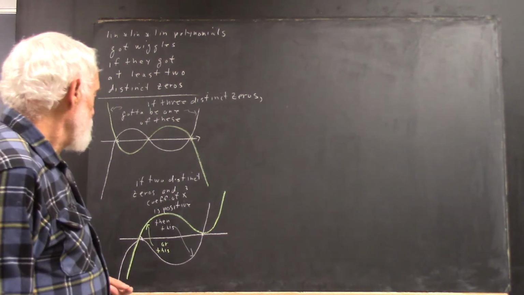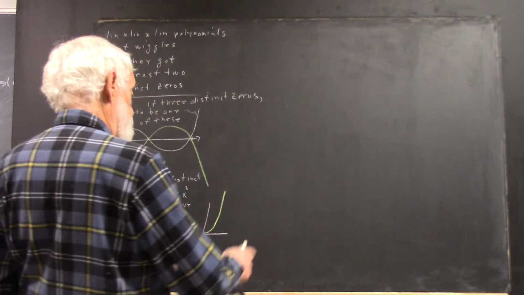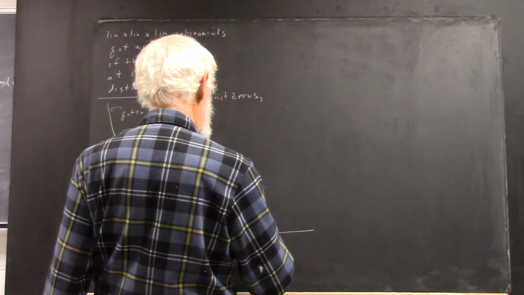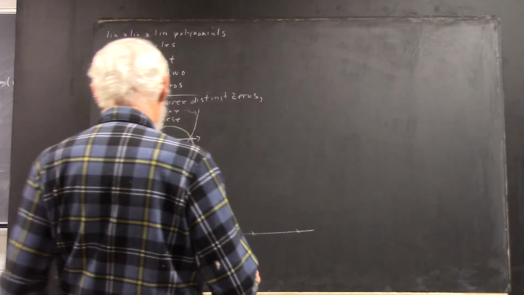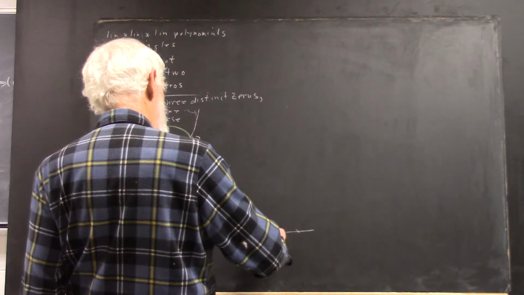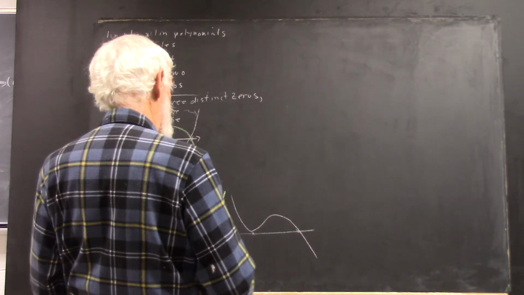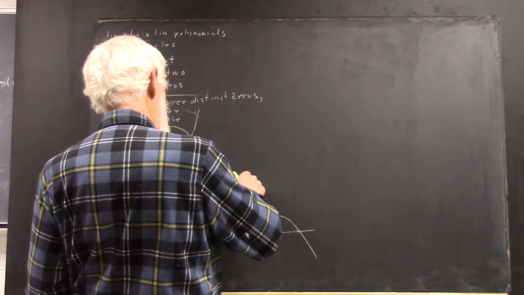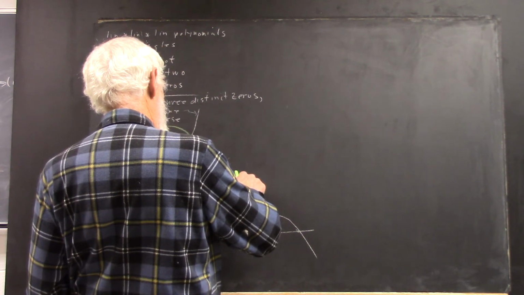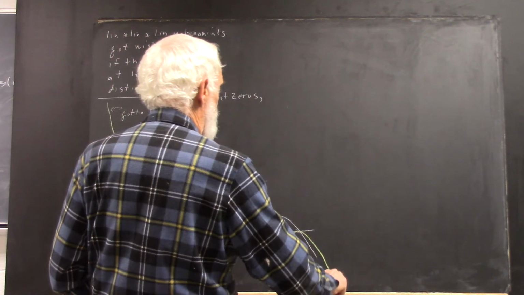Now, if the coefficient of x cubed was negative, I'll just draw it real quickly. Well, then you just turn these upside down. I could draw them all in one picture. Then it would be like this, or like this.